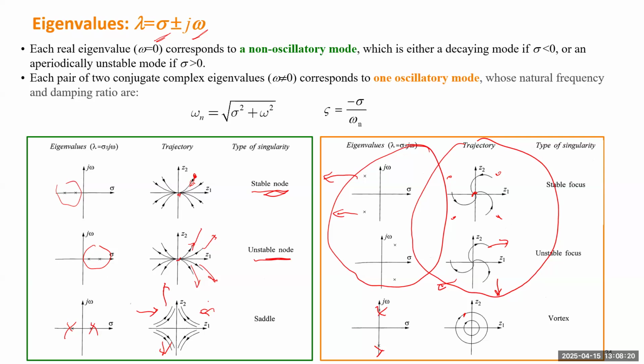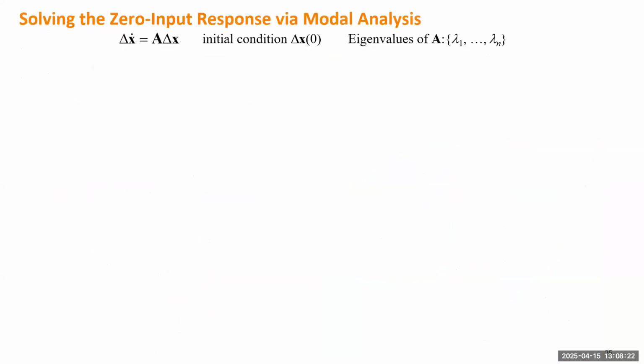Okay, so next I'm going to talk about the method to solve the zero input response, not through the Laplace transform and inverse Laplace transform. Because here we want to identify the modes of the system and understand the stability, and also we can discuss any control design. So the approach is modal analysis. Modal analysis basically means eigenanalysis using eigenvalues and eigenvectors.